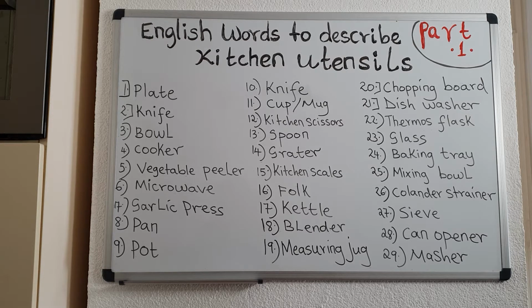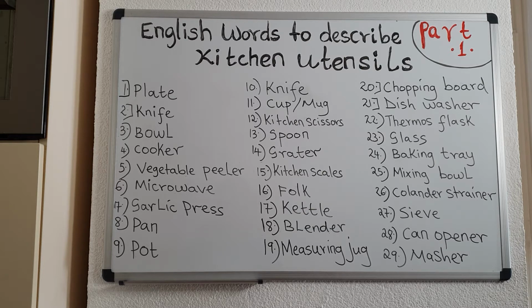Okay? The next word is knife. Now, if you want to cut the meat into small pieces, you use a knife. If you want to cut potatoes into small pieces, you use a knife.